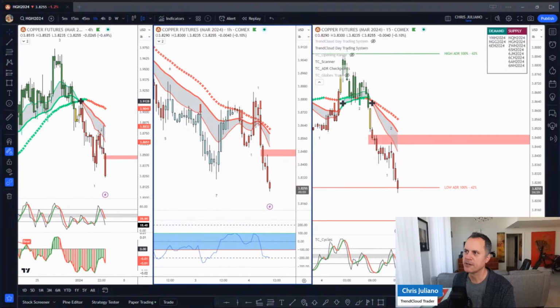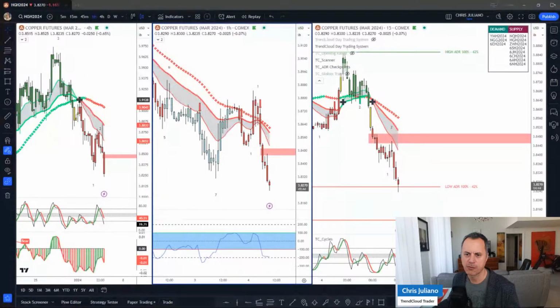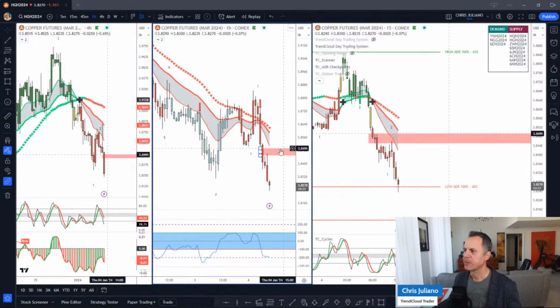If you click onto markets, it's going to show you the actual current contract for the futures. All right, so check that out.